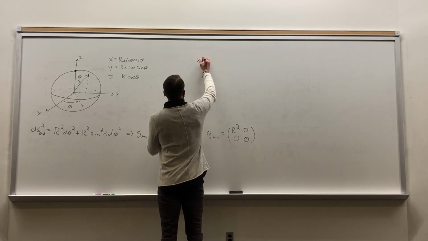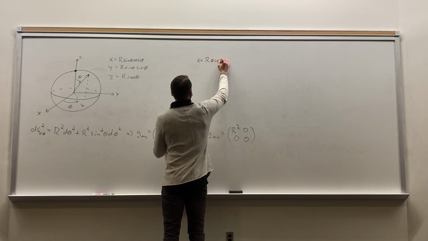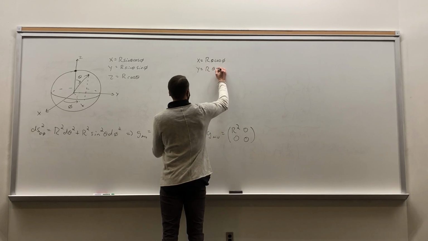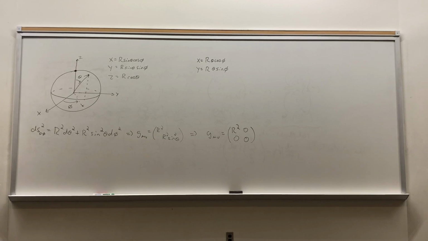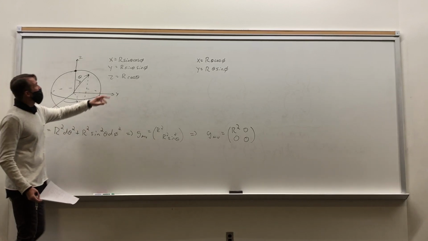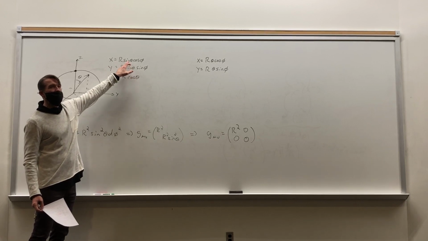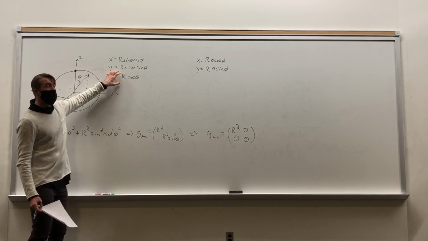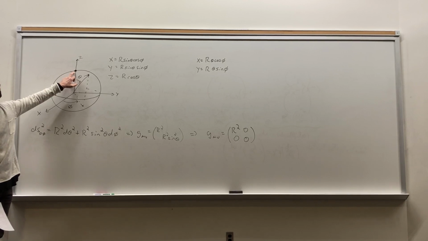Let's choose x equals r theta cosine phi, and y equals r theta sine phi, which is just the small angle approximation of sine theta, where the first term is theta. And then the z coordinate, we're just going to take to be fixed, so we're not going to use it.